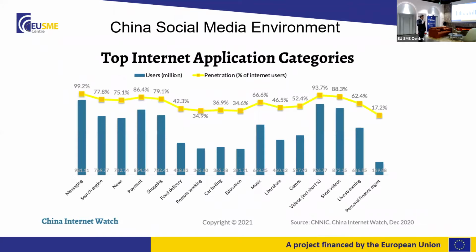Another one is the certain categories in China that are very strong. Payment and shopping, extremely high here, these two, and also videos and short videos, and live streaming, which I'll go into a bit more. Of the last 2, 3, 4 years, short video formats, I think many of you know TikTok, started here in China under Douyin, but there's also some other platforms that are extremely important. But also things like on WeChat and Weibo, video content is extremely important.